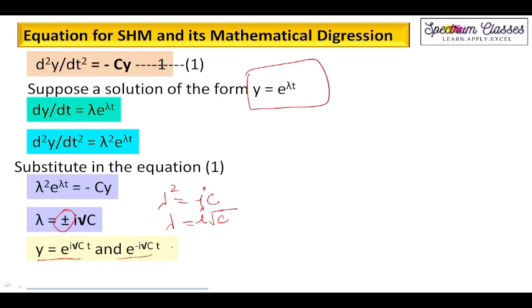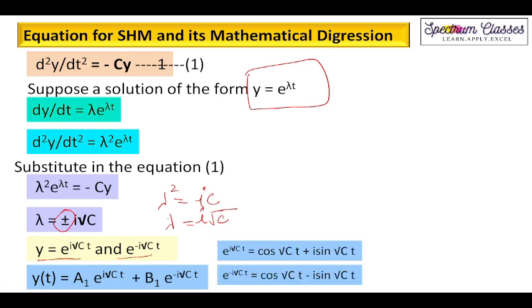Now, as we know from Euler's equations, e power i theta is equal to cos theta plus i sin theta. Similarly, e power minus i theta is equal to cos theta minus i sin theta. So here we are having two things: one is real and the other one is imaginary.